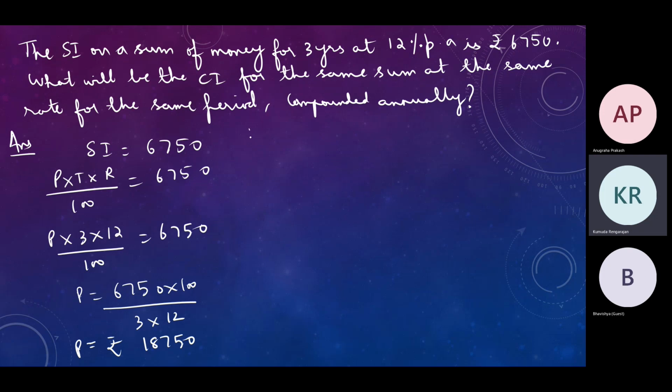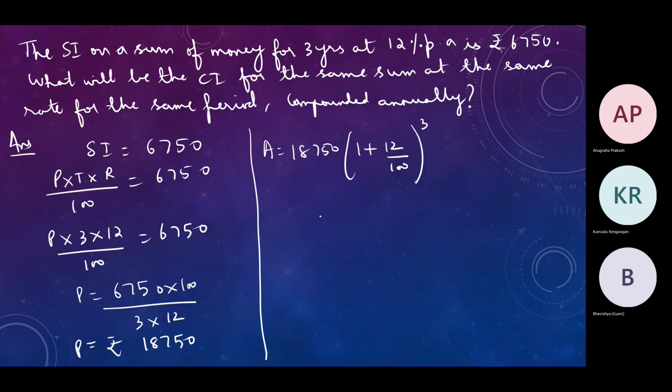Now you should find the compound interest. How do you find the compound interest? First, you'll have to find the amount. Amount is equal to principal 18750 into 1 plus 12 by 100 to the power of the same time period, 3 years. You should find the amount, and amount minus principal is the compound interest.